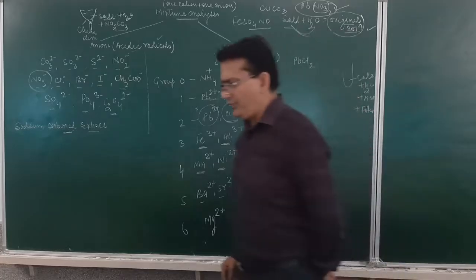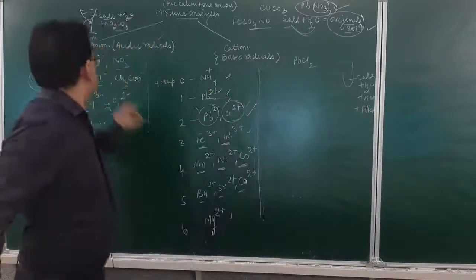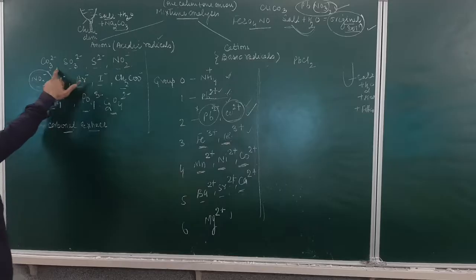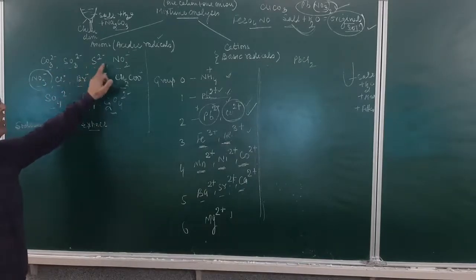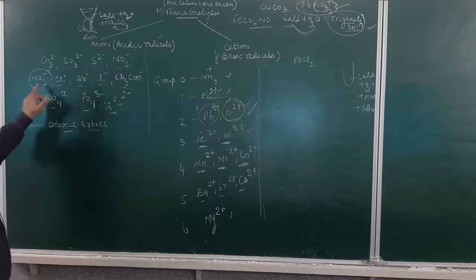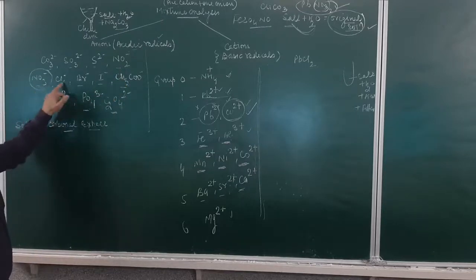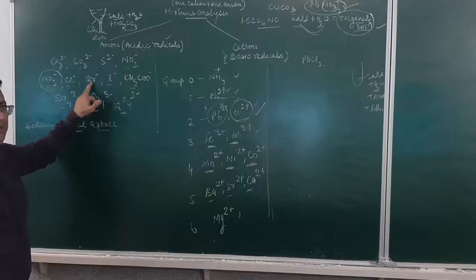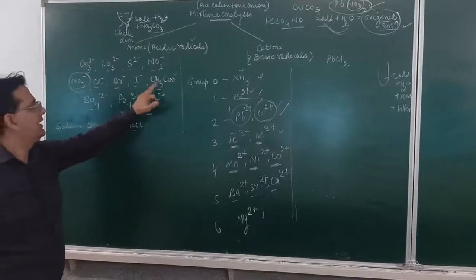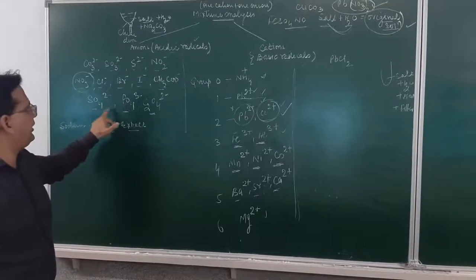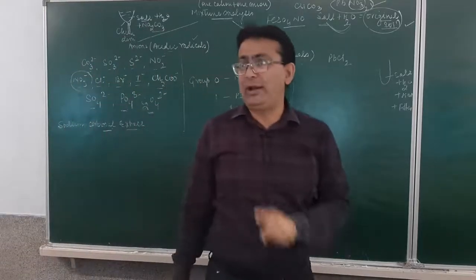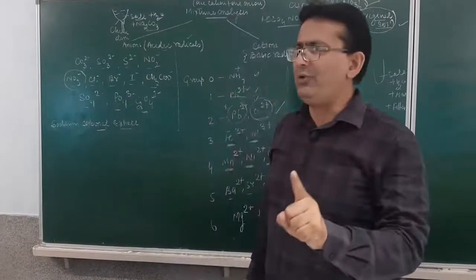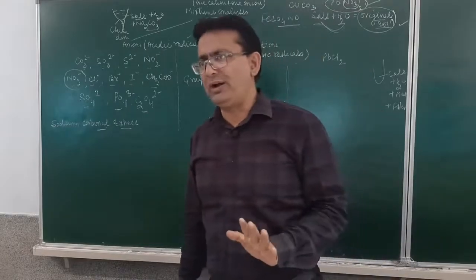The anions in the syllabus are carbonate, sulfite, sulfide, nitrite, nitrate, chloride, bromide, iodide, acetate, sulfate, phosphate and oxalate. Out of these 12 anions, one will be given to you, which you have to identify.